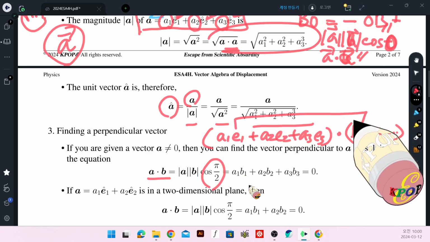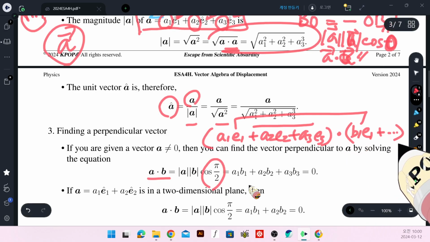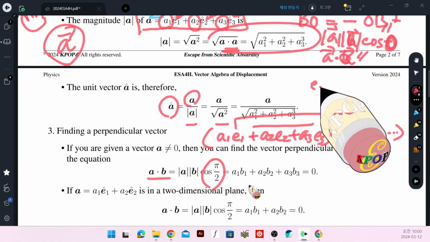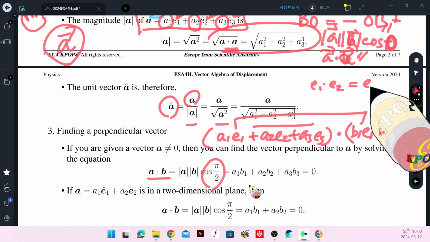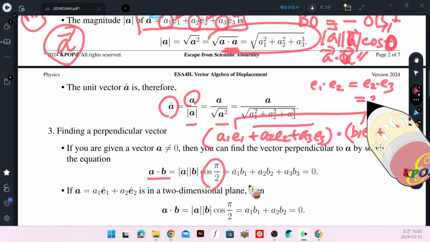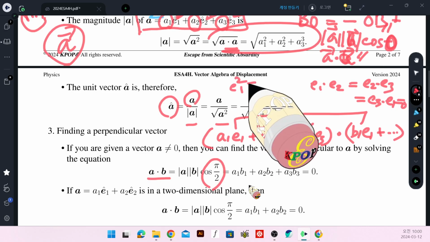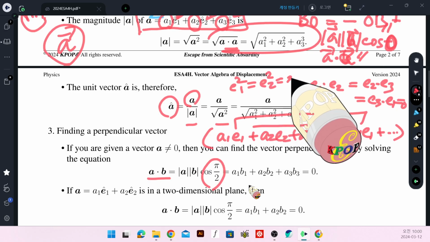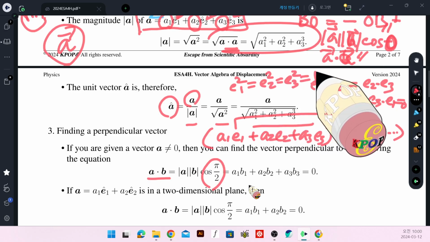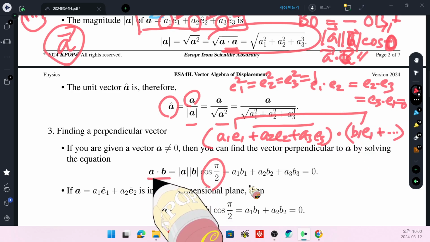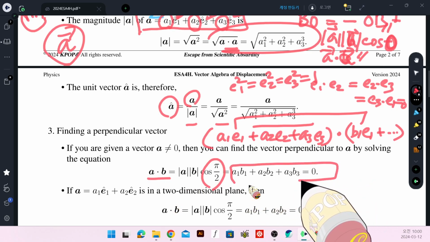Only the 1-1, 2-2, and 3-3 components contribute to the scalar product because E1 dot E2, E2 dot E3, and E3 dot E1 all vanish, and E1 squared, E2 squared, and E3 squared are all unity. Therefore, the scalar product A dot B can always be expressed like that.